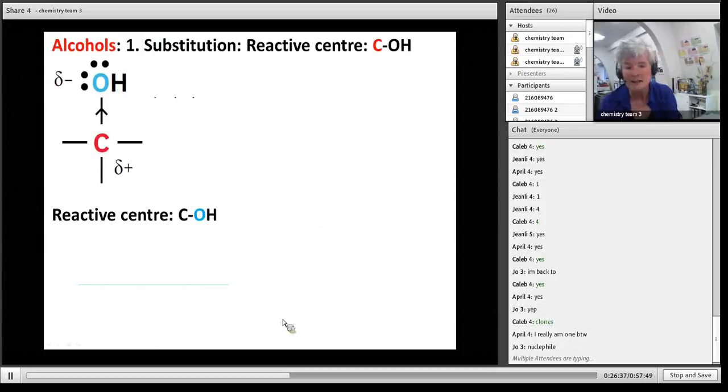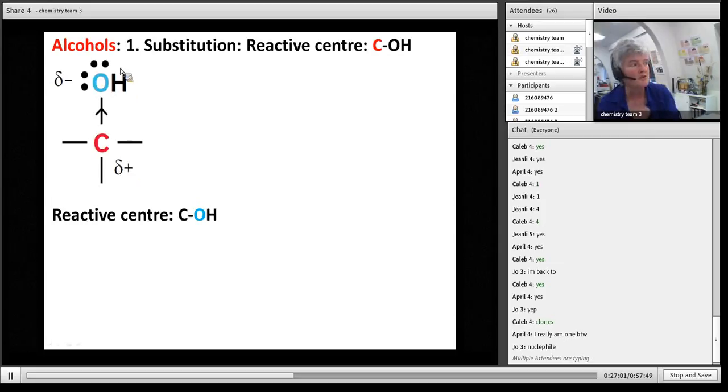Okay, alcohols. Alcohols are similar to the haloalkanes. The difference is I actually have got 2 reactive centers. I've got my carbon that's slightly positive, so that is going to attract nucleophiles, just like the haloalkanes.